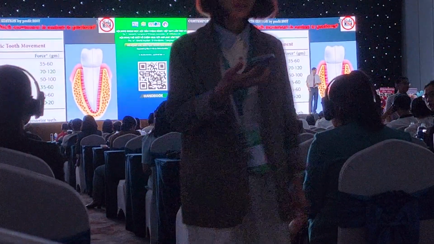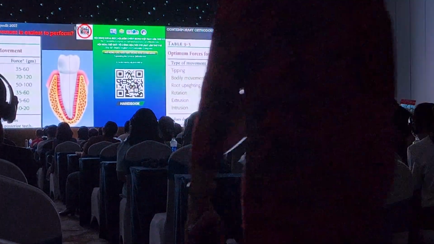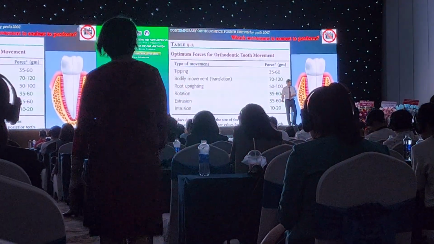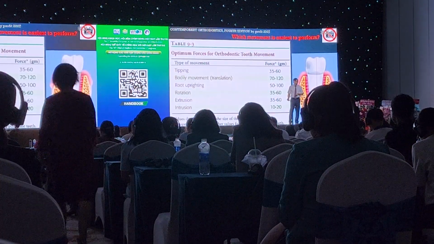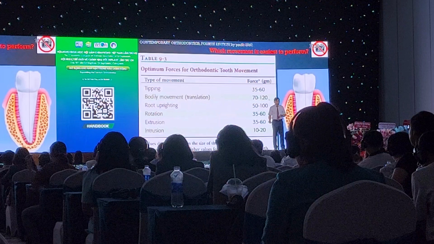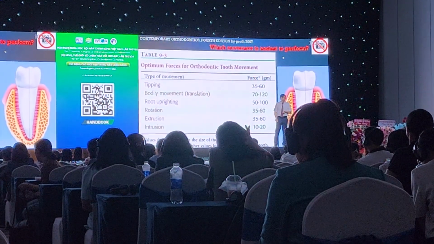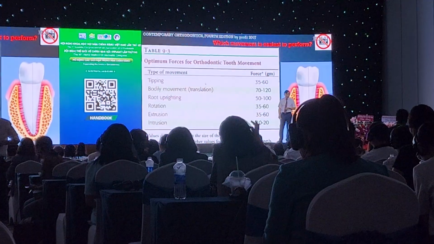We look on the table. They show us the optimum force for orthodontic movement. But when we see on the diagram of the teeth, what we are concerned about is which movement is easier to perform. It's not the optimum force.